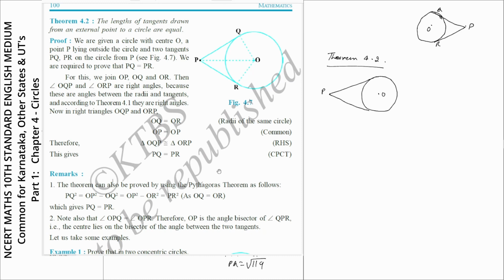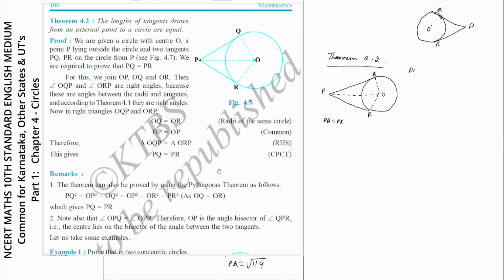So PQ and PR are the two tangents, and OQ will be the radius. Now see, according to this theorem 4.2, the lengths of the tangents drawn from an external point to a circle are equal. That means PQ will be equal to PR according to this theorem, and we'll prove this theorem.